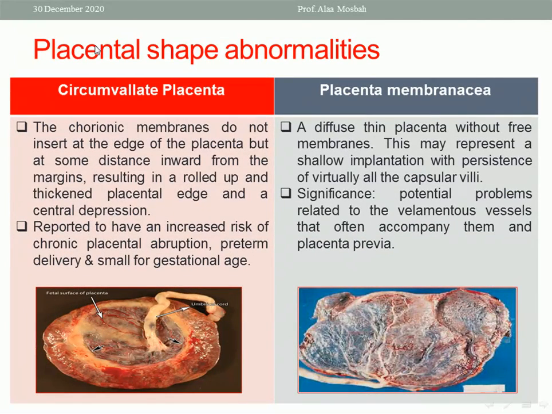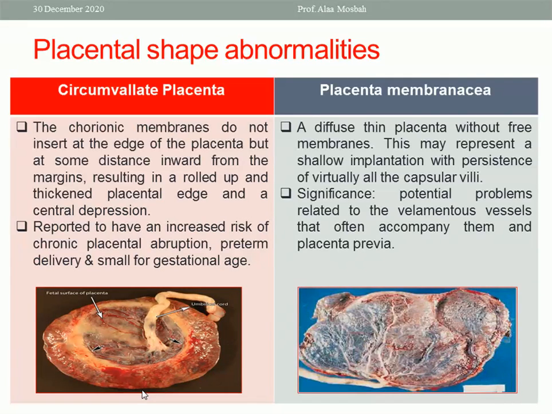Another placental shape abnormality, circumvallate placenta, as you see in this picture. Why does it happen? Because the chorionic membrane doesn't insert at the edge, but at some distance inwards from the margins.